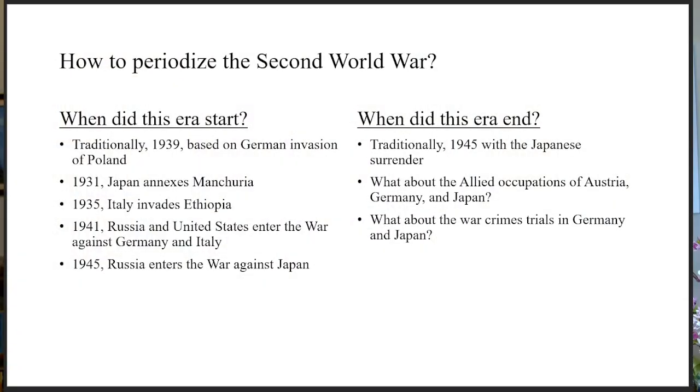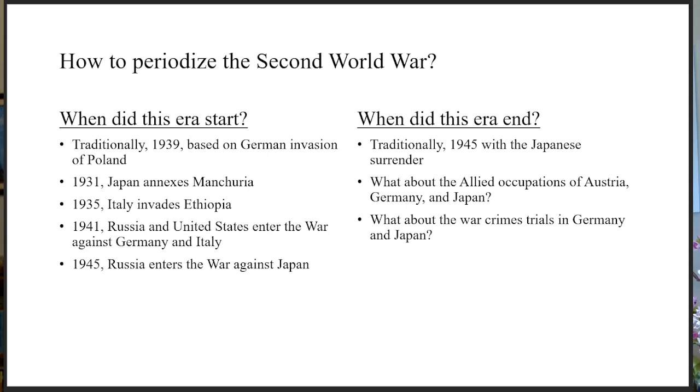Next is the issue of dating the end of World War II. Well, for convenience's sake, it's been taught that the signing of the formal surrender treaty by Japan on September 2nd, 1945 was the end of the war. It causes the immediate aftermath of the Second World War to be overlooked.